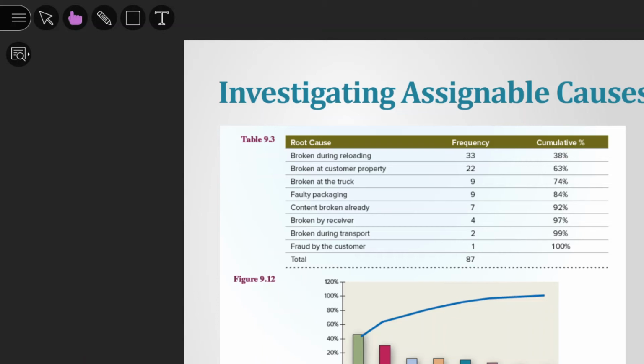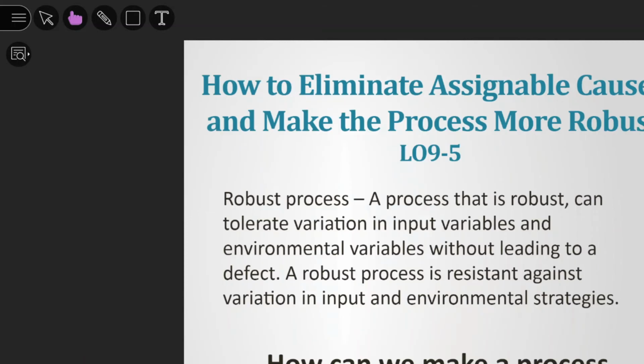And that is how you make your process more robust. You make your process more robust by eliminating root causes of the problem or making it withstand those problems. And there are three ways to do that.